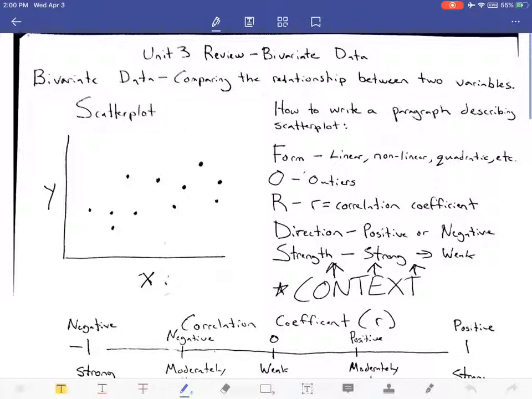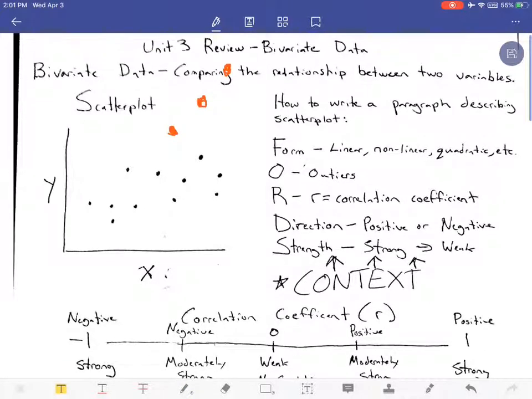So a perfectly strong graph would be all the points going straight up in a line, something like this, or down similarly. And if we had a weak correlation, then they would look really randomized.